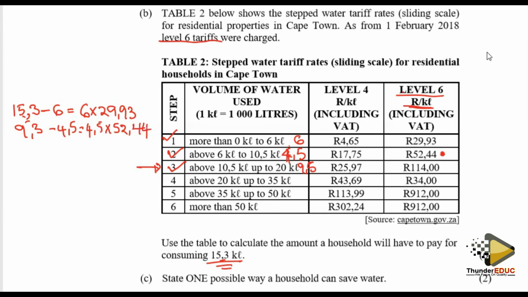That's done. Whatever is remaining is pushed to bracket number 3. When you subtract 9.3 minus 4.5, we end up having 4.8. When we compare 4.8 and the maximum kiloliters that we need in bracket number 3, 4.8 is less. So we just continue.